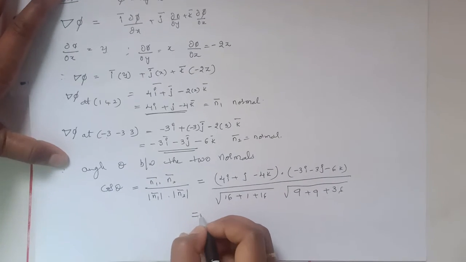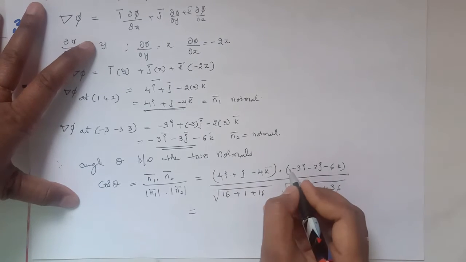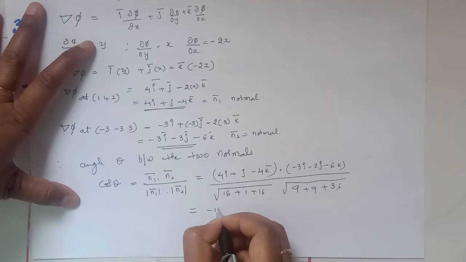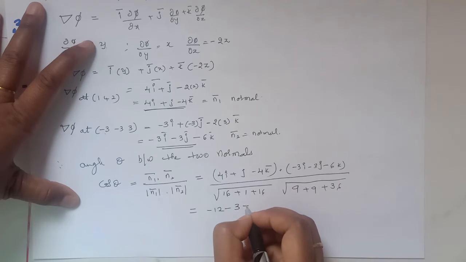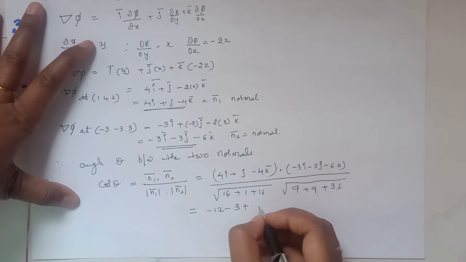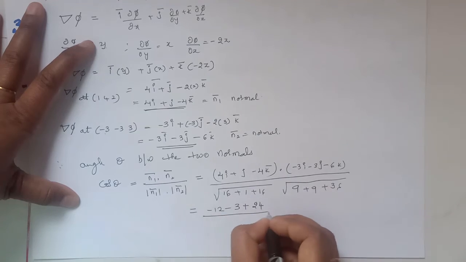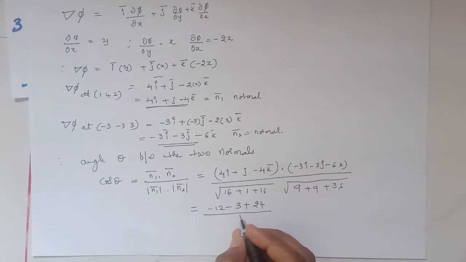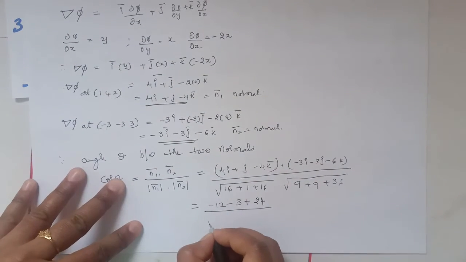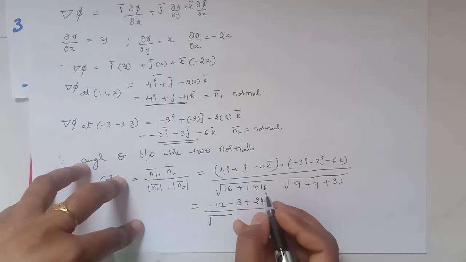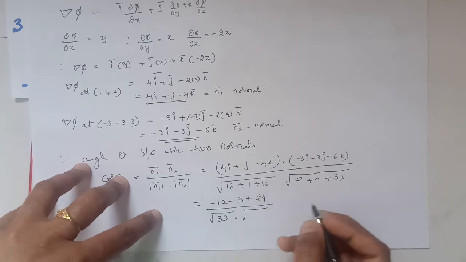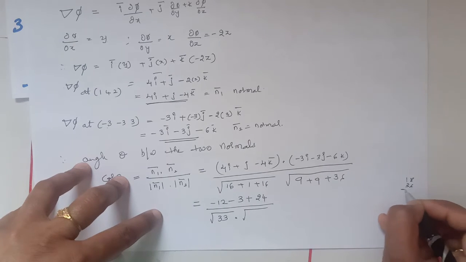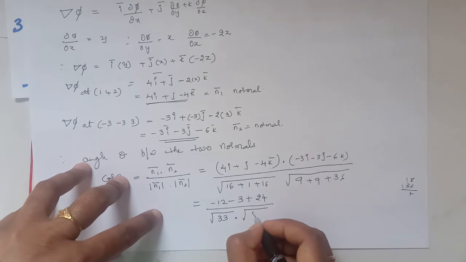The dot product is minus 12 minus 3 plus 24, divided by root 33 into root 54.